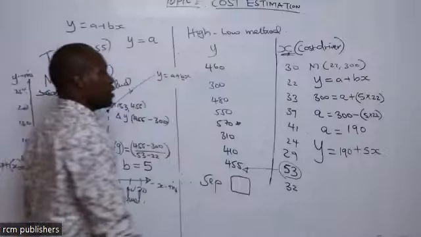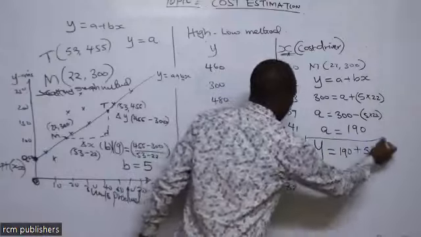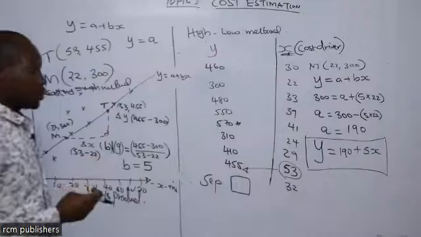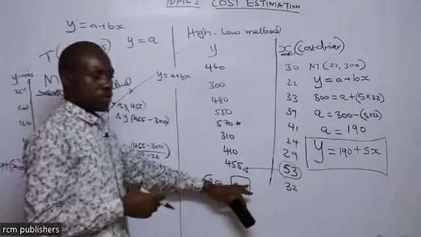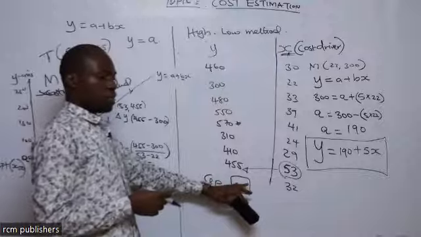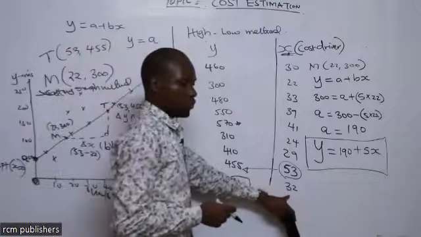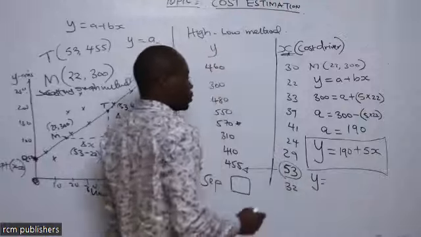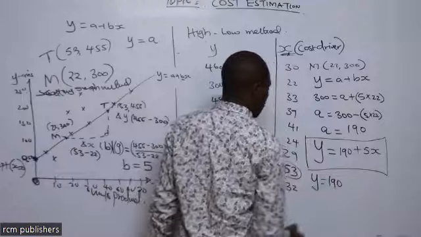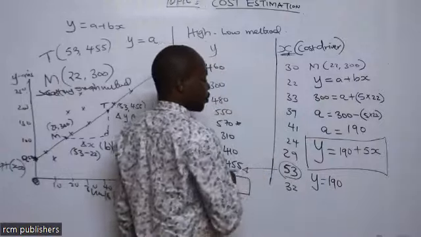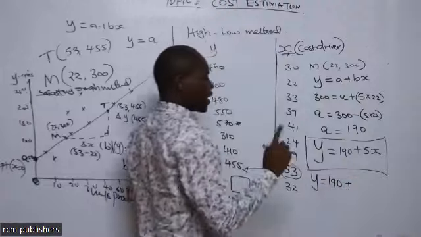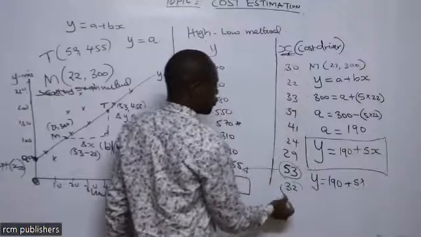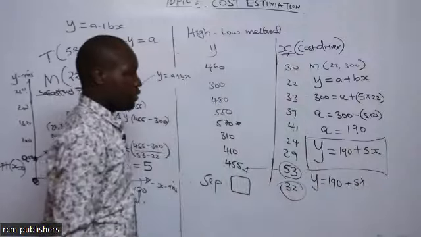Now that we've created the cost estimate function, are we able to use it to arrive at the total production cost? The only thing they have given us is the units produced. For us to get the total cost, that is y, we are going to have the fixed cost, which does not depend on any unit produced, plus the variable cost per unit, which is 5, multiplied by the units produced in that particular month, which is 32.